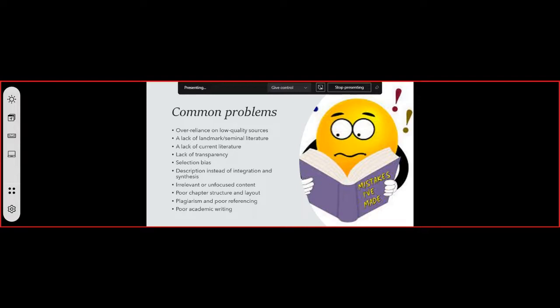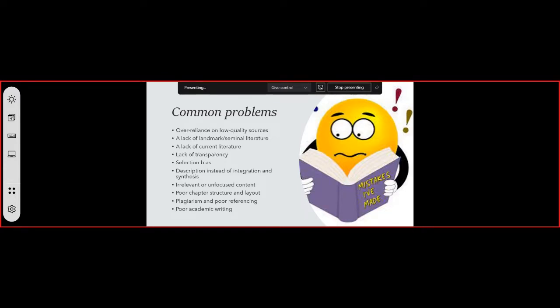So there's also selection bias in the types of articles that you use, or there can be other forms of bias, such as only certain points of view, only certain perspectives. And where I often pick this up is when we look at authors from the northern hemisphere, they absolutely ignore the global south.